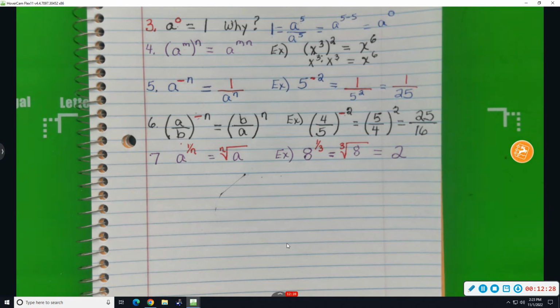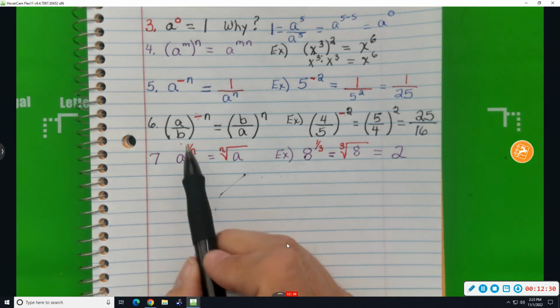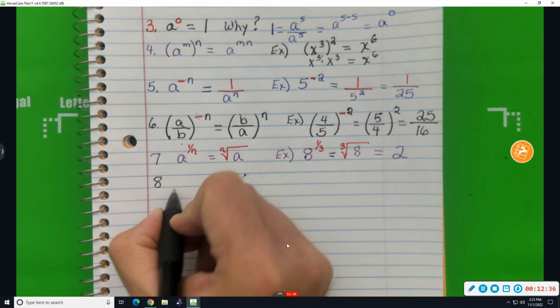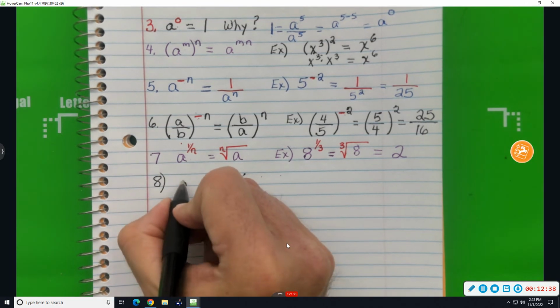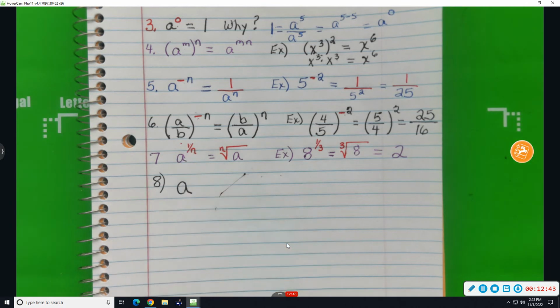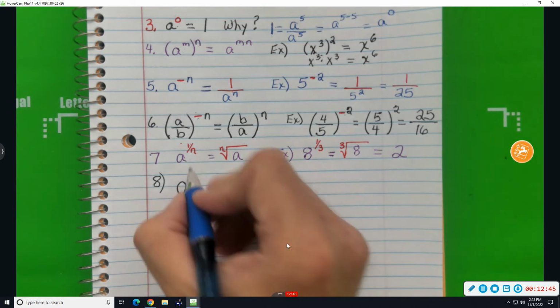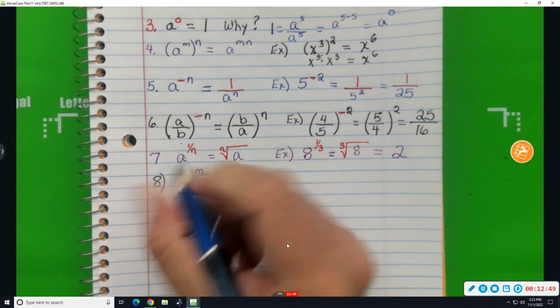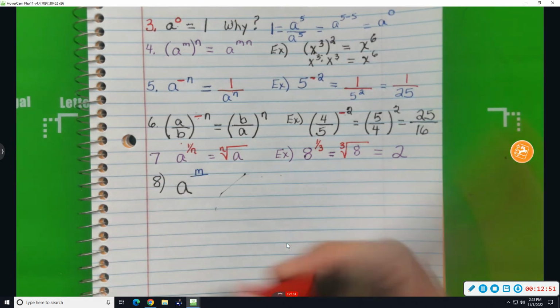And then, once you've seen this, the 1 over n exponent, the natural thing to ask is, well, wait a minute. Suppose the top number wasn't a 1. Suppose we had the exponent m over n.